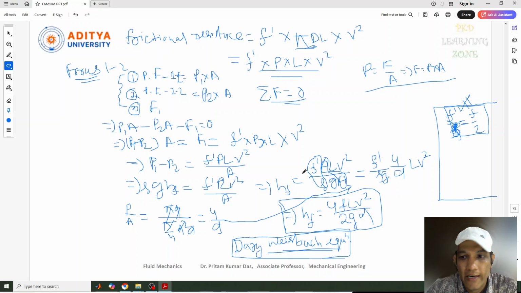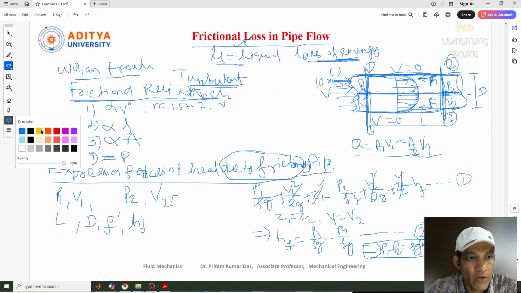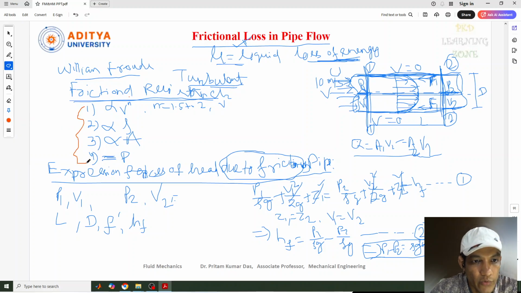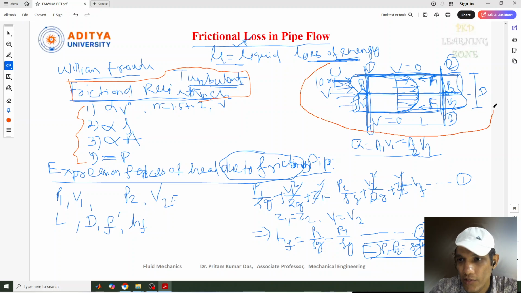If you are having any kind of query regarding this, you can give a comment in the comment box. So let me highlight a few points. These are the things we have discussed: the frictional resistance for the turbulent flow, and this is the diagram of this concept, and after that directly you go for the expression. From the expression we need to consider Bernoulli's equation.